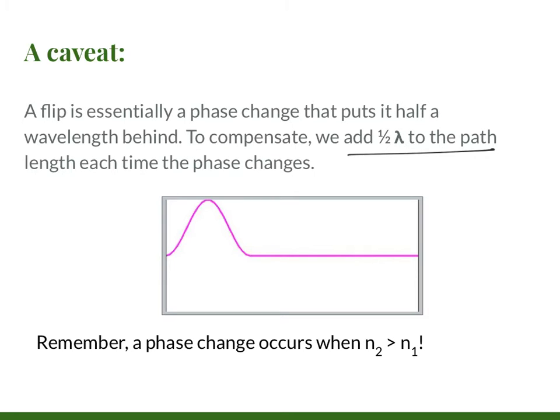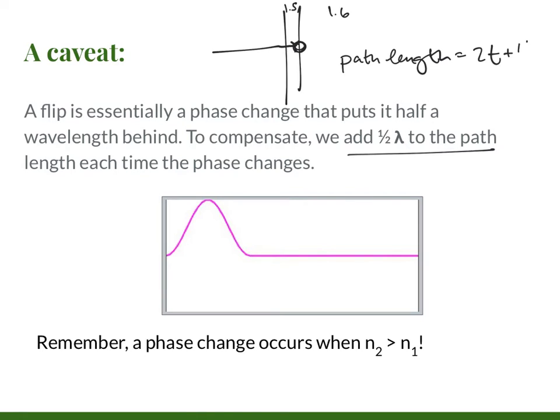So if you've got a thin film where we're reflecting, and say this is an index of 1.5 and this one's index of 1.6, right there we'll have a phase change. So your path length, instead of being 2t, is going to be 2t plus 1/2 lambda, which is the wavelength inside the film.